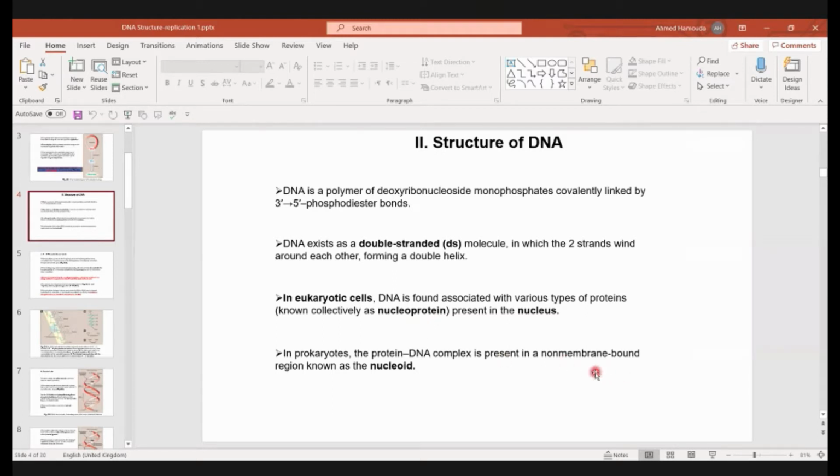As I mentioned before, in human eukaryotes, we have a nucleus. In bacteria, for instance, we don't have a nucleus. We don't call it a nucleus. We call it a nucleoid, which is just DNA without a nuclear membrane.